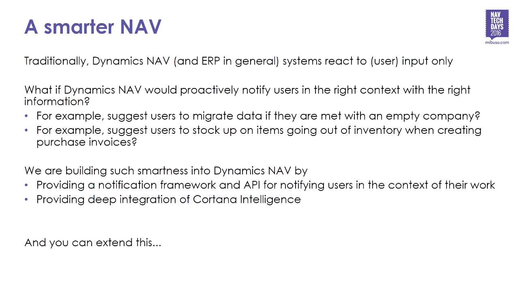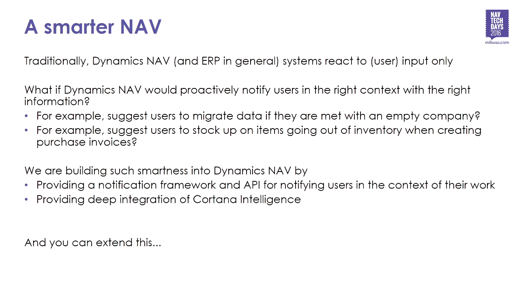So first, a smarter NAV. What do we actually mean with that? Jesper and I will give you a bunch of examples today, but basically we're trying to add things to NAV, not necessarily machine learning or Cortana Intelligence, that make NAV appear smarter. Traditionally, NAV and ERP systems in general react to user input only.